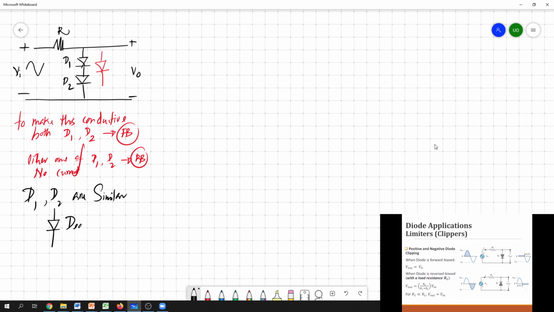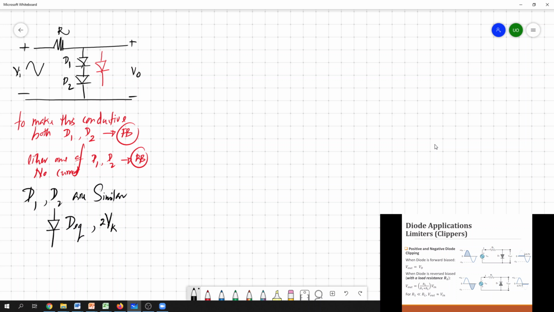Let's assume D equivalent with a knee voltage of 2 Vk, because this introduces a Vk drop and this again introduces a Vk drop because they are identical or similar diodes. So then we can replace this with a single equivalent diode having a knee voltage of 2 times Vk.